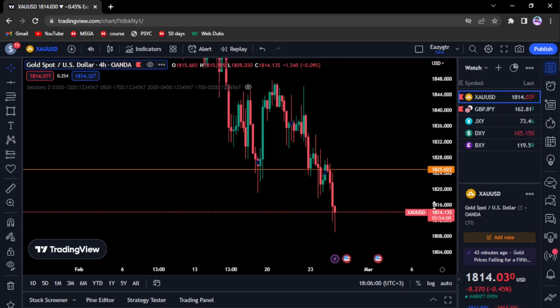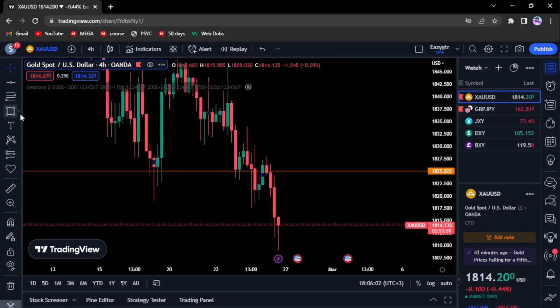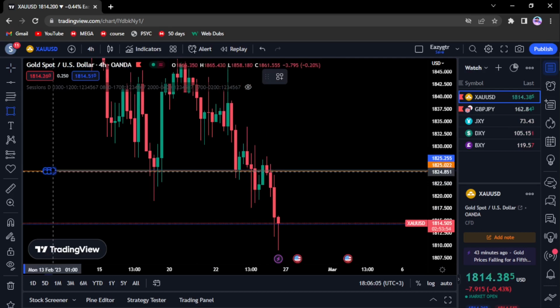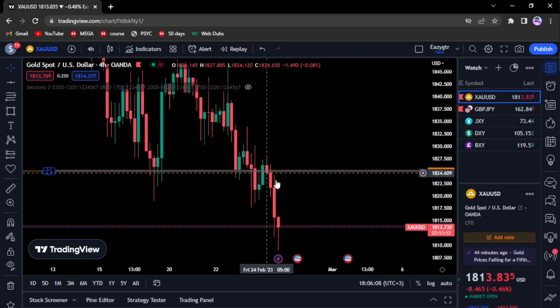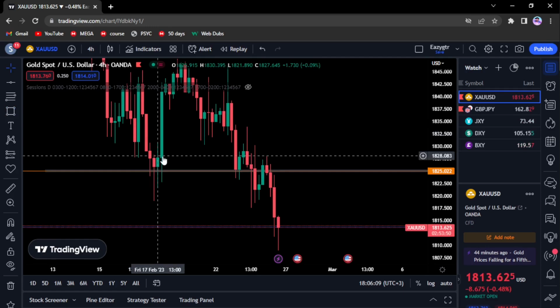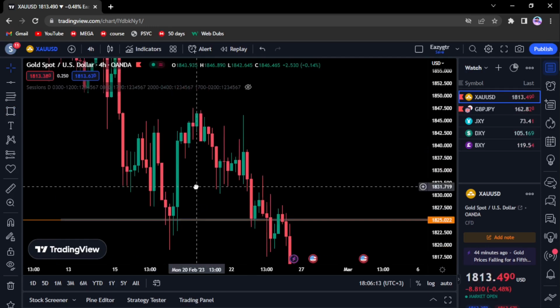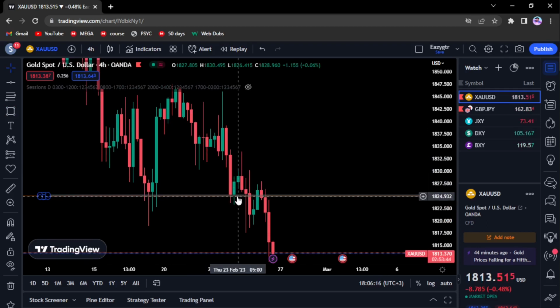So look at this, you had your key level, a zone, a collection of prices where price reacts is what constitutes a key level. So price made a resistance, this came back, couldn't break.